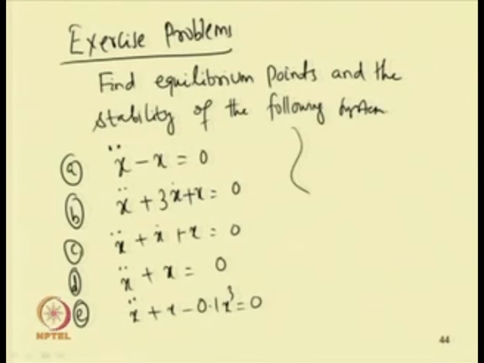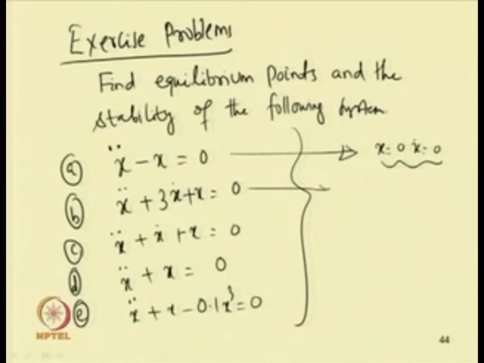Now these are written as second order differential equations. First you convert them to a set of first order differential equations. In the first case you can observe that at x equal to 0 and x dot equal to 0 you have a saddle. For the next case, at x equal to x dot equal to 0, you can have a stable node.